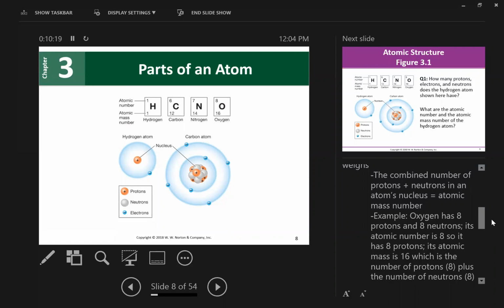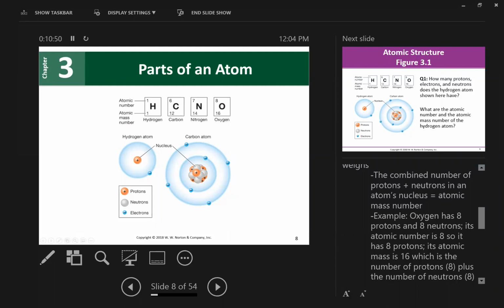So if we look at the atomic number here with hydrogen, we can see that we have 1 proton, 0 neutrons, okay? Within our carbon, we can see that we have 6 protons because we have the atomic number here, and there are 12 combined neutrons and protons.